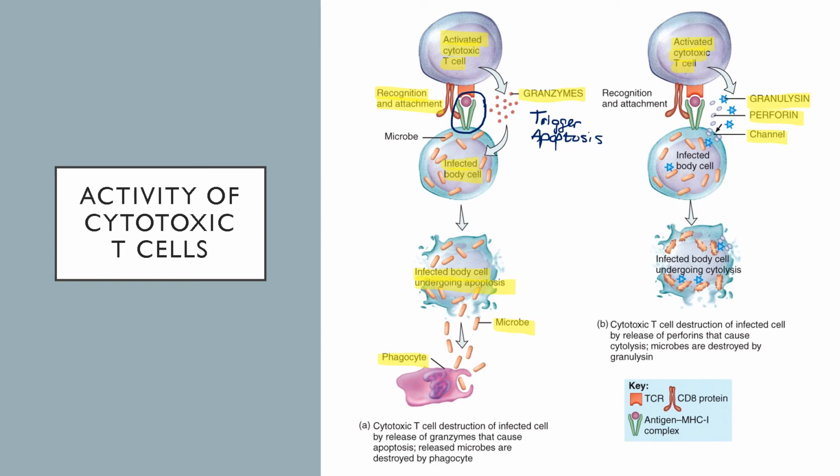Other granules in cytotoxic T cells will release granulysin, which will enter through those channels created by the perforin. So the granulysin is going to go into the infected body cell through those perforin channels, and it destroys the cell by creating holes in the plasma membrane.